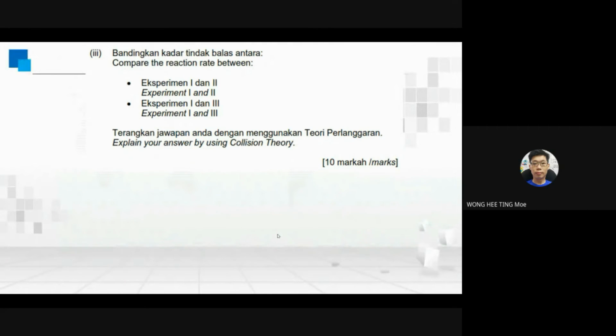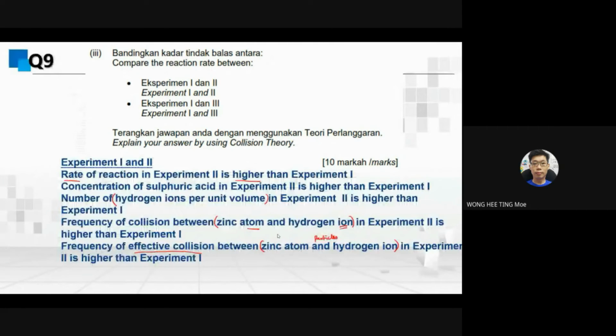So 5 marks. If this one comes up in the question, it is very easy to score.